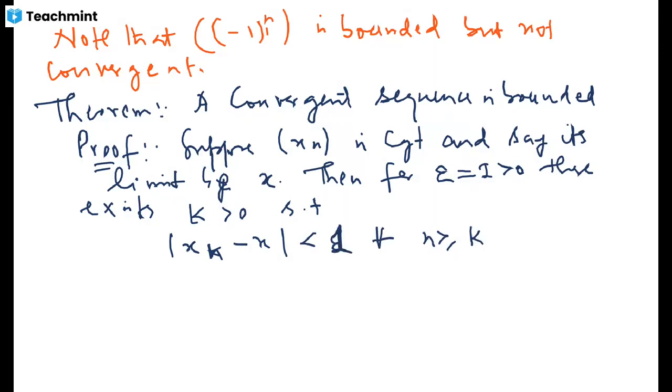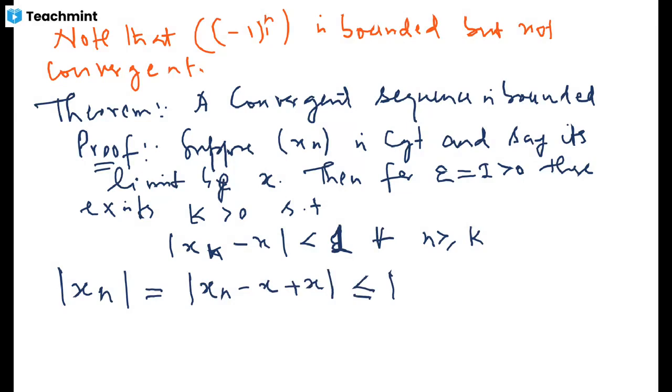This is the definition of a convergent sequence, and now again let's take the help of the triangle inequality. I will consider this modulus of xn, and inside it I am going to subtract my x and again add it back so that it remains the same, and then apply the triangle inequality.